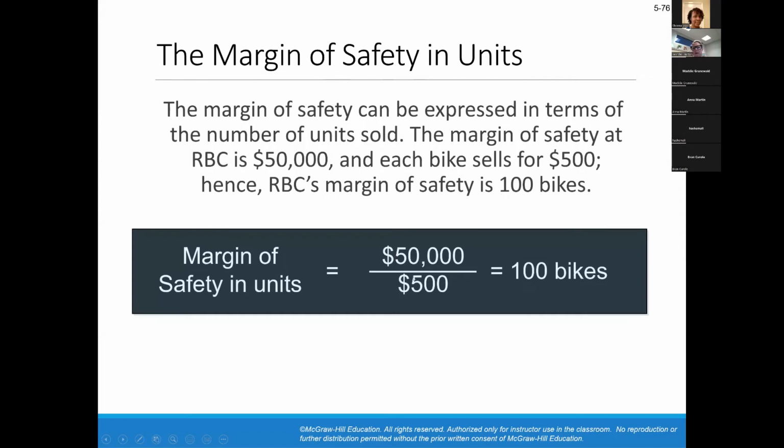And then we divide it by the sale price per unit. Okay, so that gives us 100 bikes. So our margin of safety is 50,000, just the total sales less the break-even sales. And the total margin of safety for units is 100. And all we did was take that difference in sales and divide it by the sale price per unit to come up with how many units that is. So it's 100 units. So remember, we went from 400 to 500. That's 100 units.